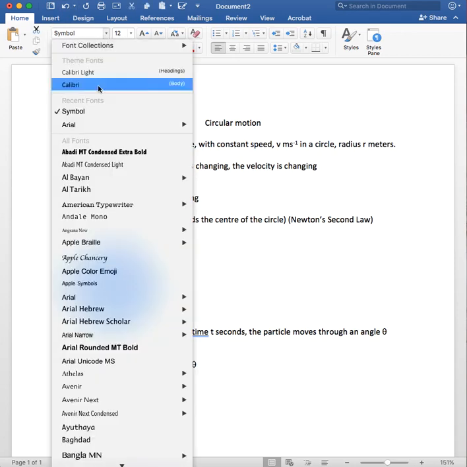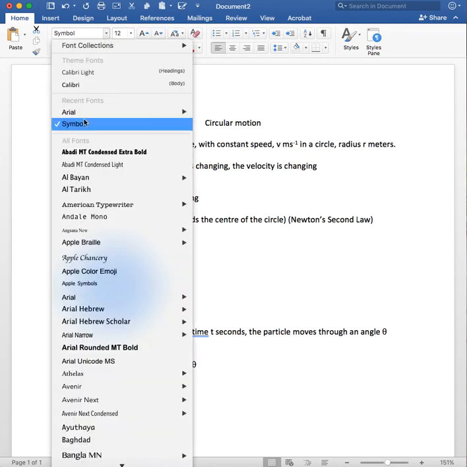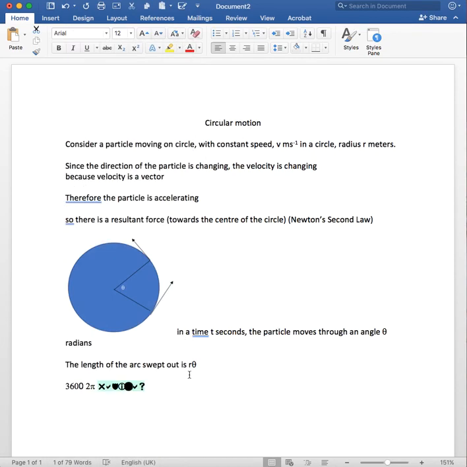Back to Arial. 360 degrees is 2 pi, and let's change that back to radians, sorry, Arial again. That was unexpected. So that should be, that'll do for that, 2 pi radians.